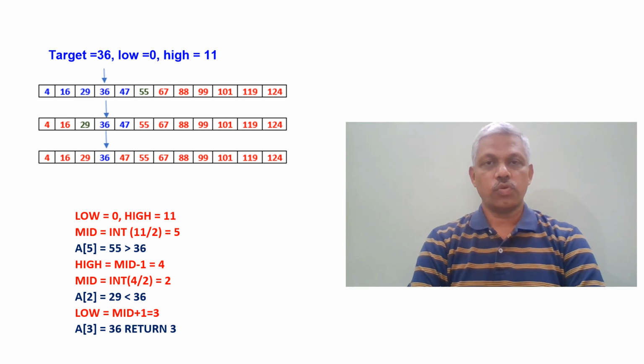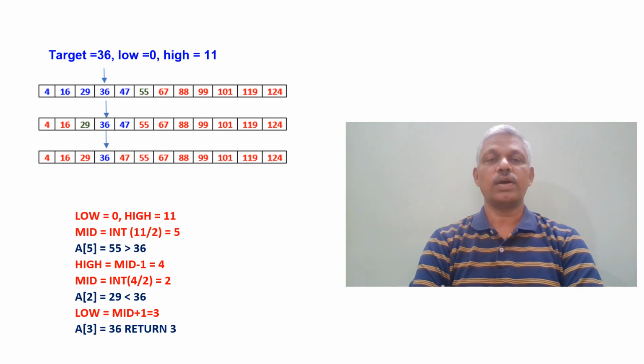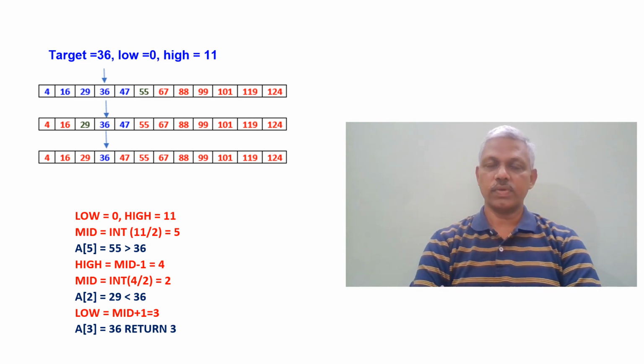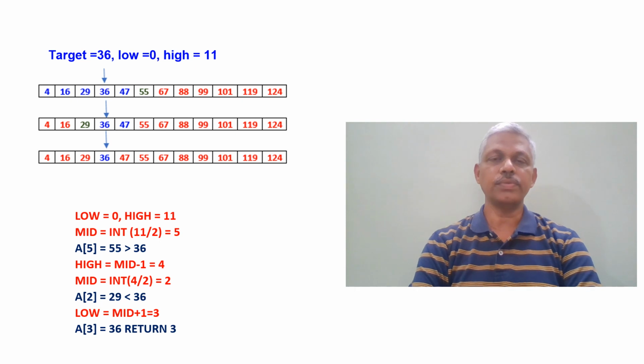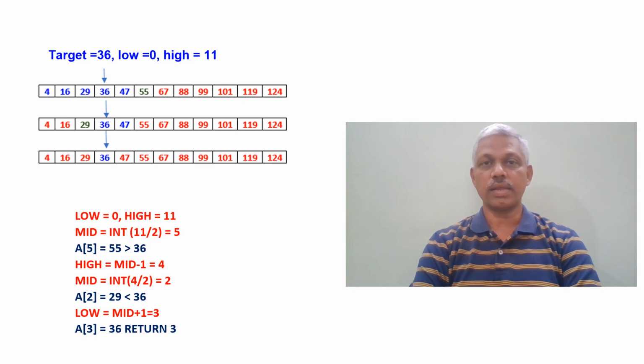So high becomes 4, and again mid is computed in the subarray from 0 to 4. It becomes 2. The array value at mid, a of 2, is 29. This time 29 is less than 36, the key value, so we need to consider the right subarray, because 36 lies to the right of this.